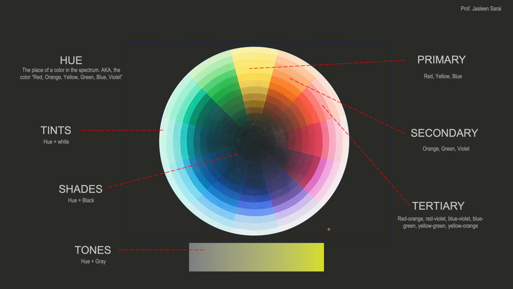You have the tertiary colors where you mix in things like red and orange, and you come up with red-orange. When you mix blue and violet, you come up with blue-violet. And when you mix blue and green, you come up with blue-green, right? So those are your tertiary colors. So those are all listed over here. 3 primary, 3 secondary, and 6 tertiary colors to the color wheel.